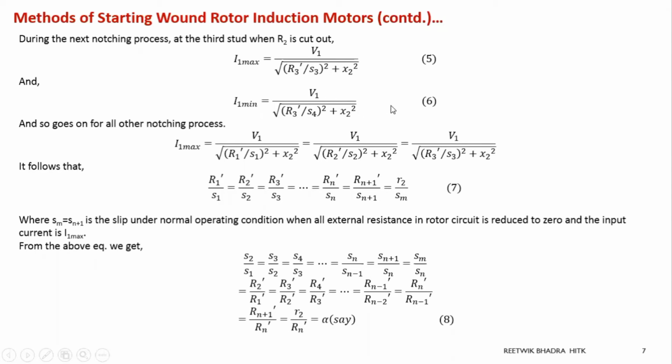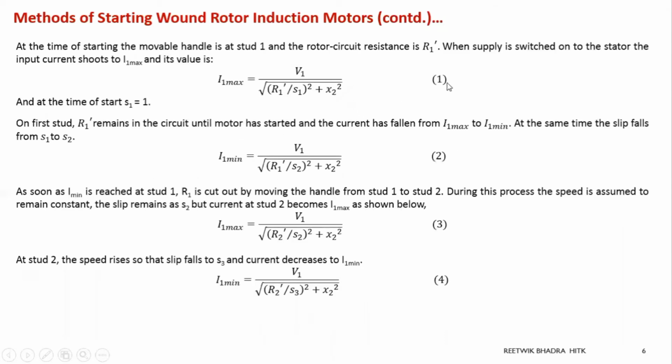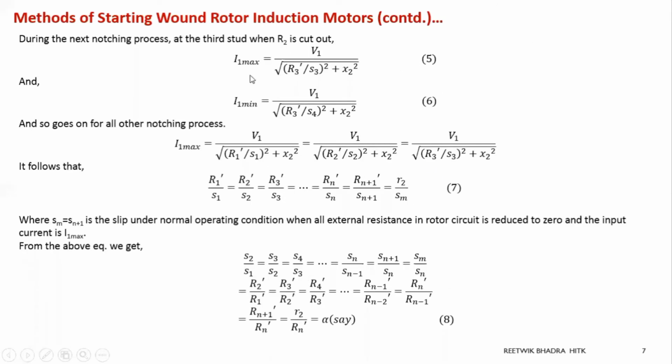Similarly, you can write for I1 minimum, all are same. So what we are doing is equating all the max terms, V1 by this formula, V1 by this formula, V1 by this, equal.